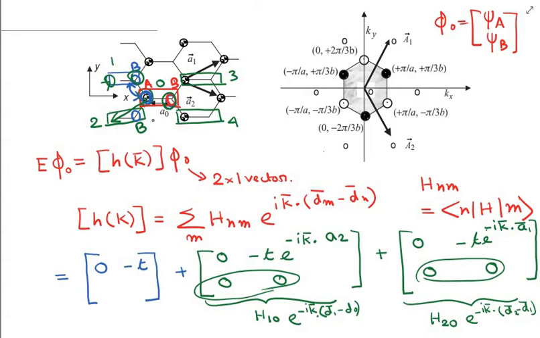Now we have other two terms which denote the coupling of this atom with the nearest neighbor. So this atom B is basically coupled to this atom A, which is in the same cell, and this atom A, which is in the 3rd unit cell, and this atom A, which is in the 4th unit cell. Okay, so let us write the matrix for those two.